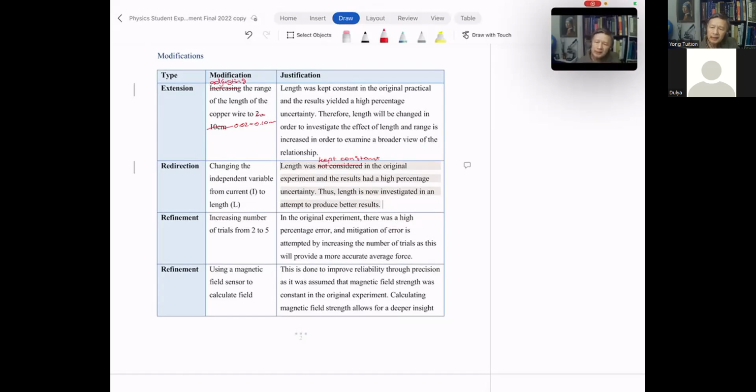Can we just delete that the result had the high percentage uncertainty? The length was kept constant in the original experiment. Okay. Yeah, you just delete it. Okay, let's go to the refinement.